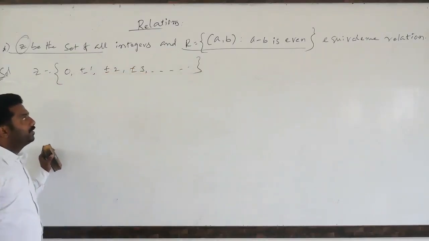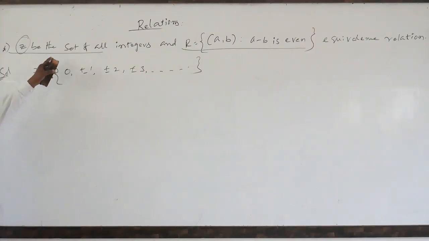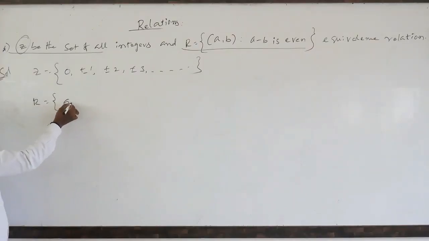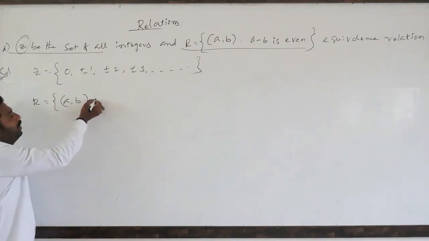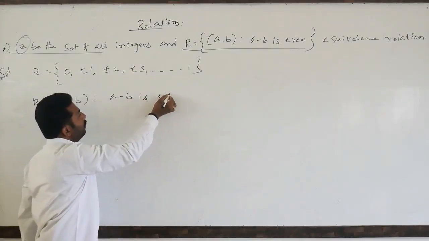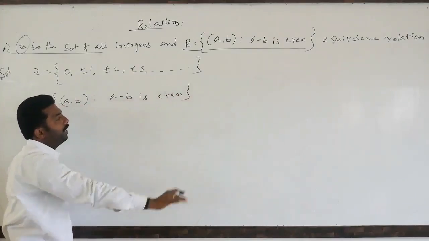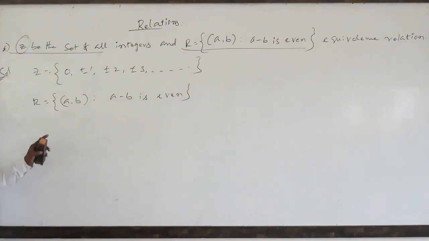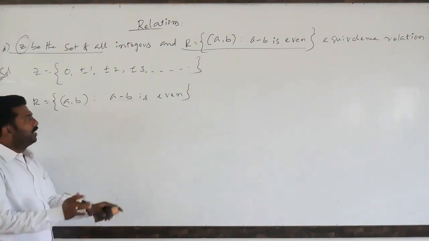This is the non-empty set they gave. What is the given relation? Capital R equals the set of ordered pairs (A, B) such that A minus B is even. So A minus B is even.